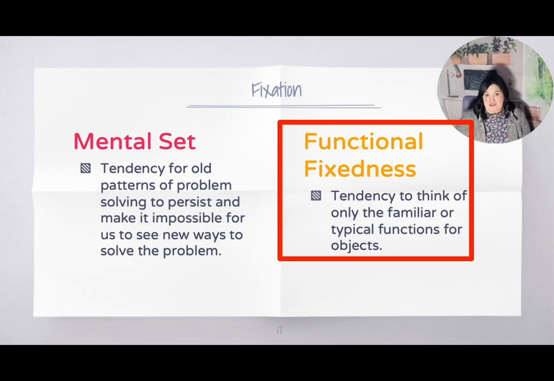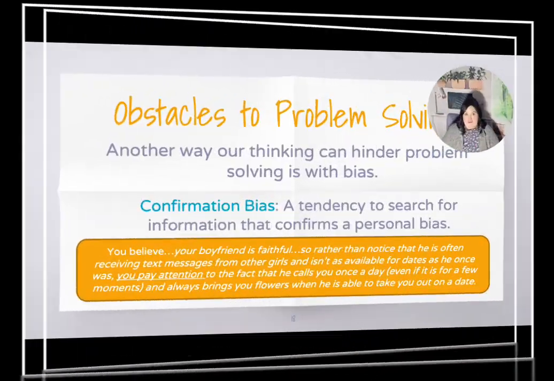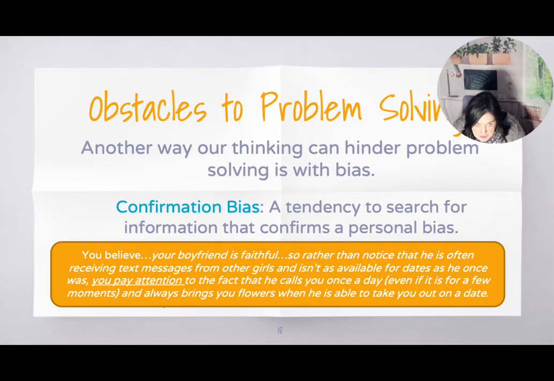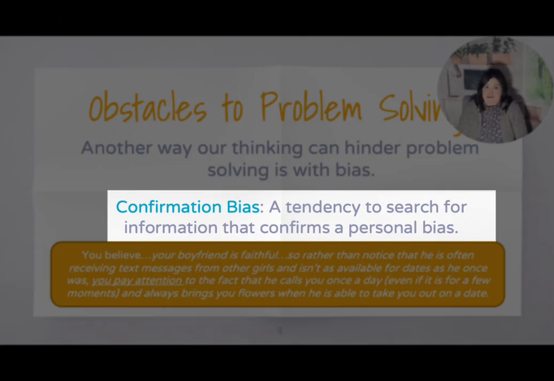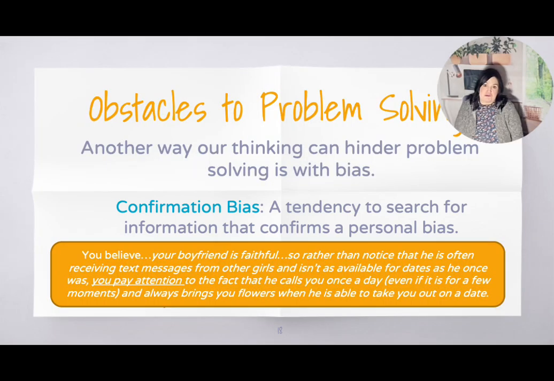The next concept that we're going to talk about is confirmation bias. Confirmation bias is the tendency to search for information that confirms or proves a personal bias. So we seek evidence to support our ideas, and we dismiss evidence that doesn't support our side. So for instance, you believe your boyfriend is faithful to you, right?